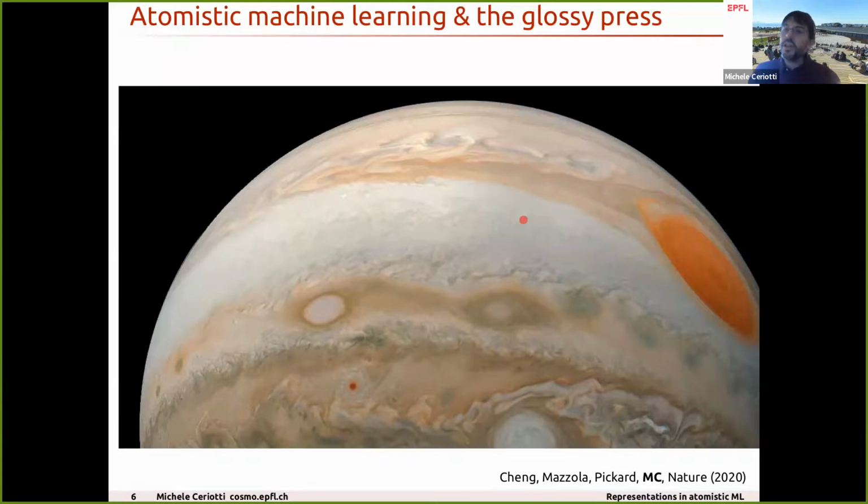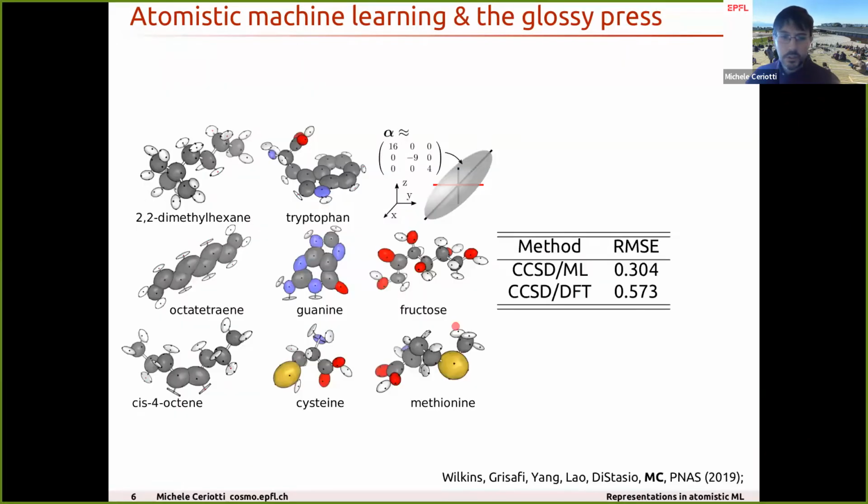You can do a simulation with high levels of quantum theory, and you will be able to get a very precise understanding of the behavior of matter in these extreme conditions. And machine learning here has really allowed us to push the boundaries of what can be done in modeling matter in extreme conditions.